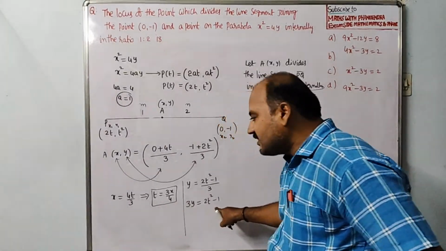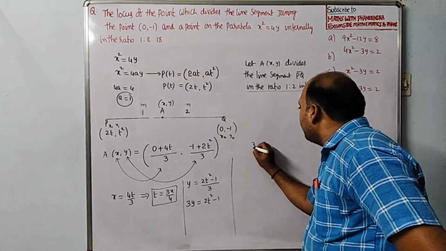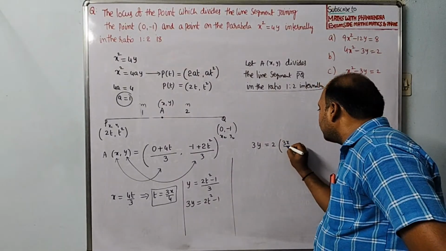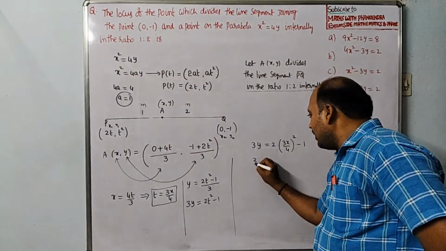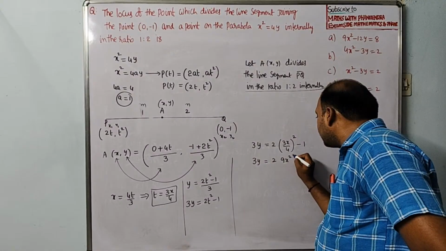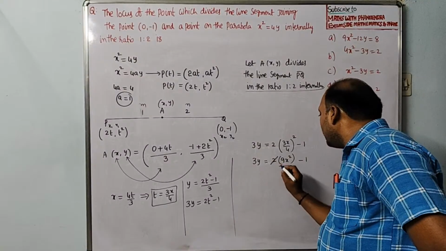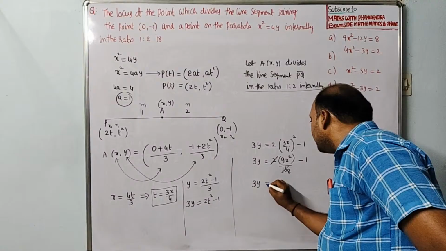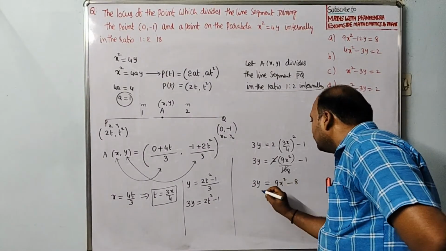In place of t, substitute this one and simplify. So 3y is equal to 2 into (3x by 4) whole square minus 1. So 3y is equal to 2 into 9x square divided by 16 minus 1. So 2 ones, 2 eights. Cross multiply. 3y is equal to (9x square minus 8) by 8.